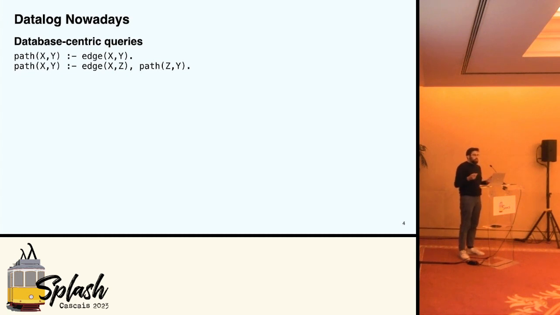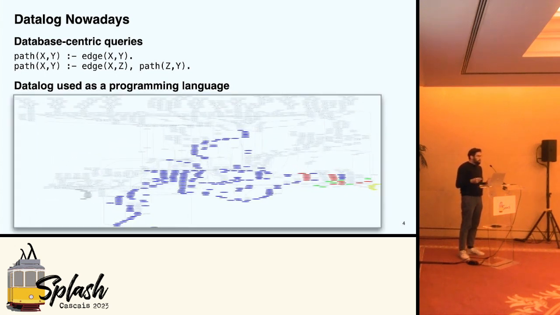Datalog was invented as a querying language back in the day, and the programs back then were rather small. They were the size of SQL queries, for example. But nowadays, Datalog is actually being used as a programming language. Here we see, for example, a dependency graph between relations for an intra-procedural points-to analysis for Java that is provided by the Doop framework.